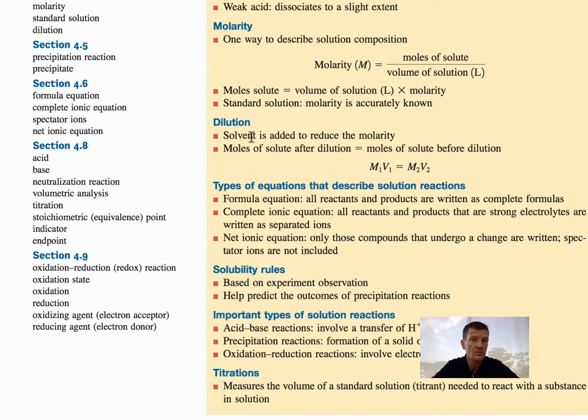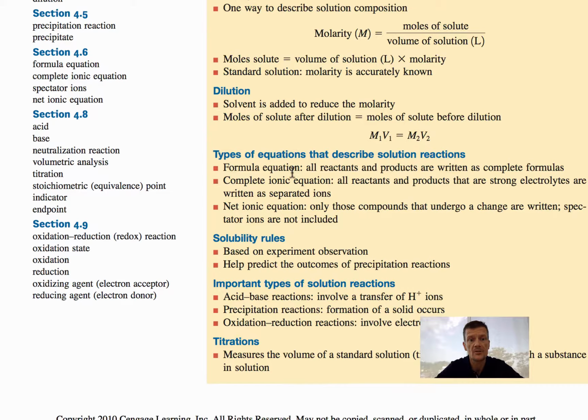So the moles that you have of a certain compound before you diluted it is going to be equal to the moles after, and that's what this formula down here allows you to use to find maybe a missing concentration or a desired volume. Okay, so you'll learn about that.